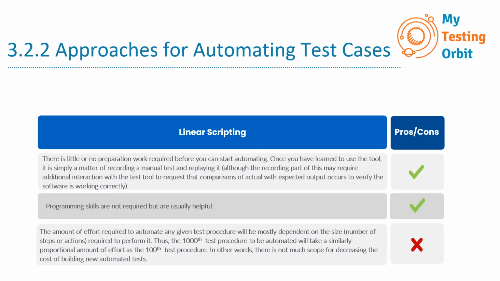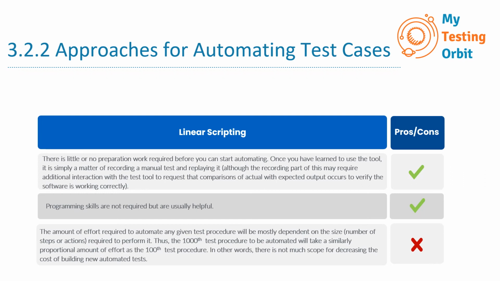As we keep on automating, there is no option of reusability. So that's why it doesn't mean that the 1000th test case would take less time than the 100th one. Actually, it will take the same time.